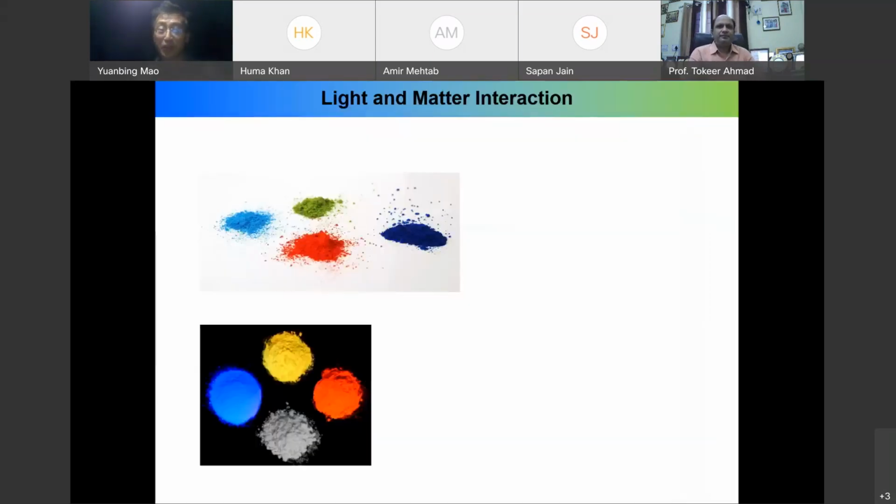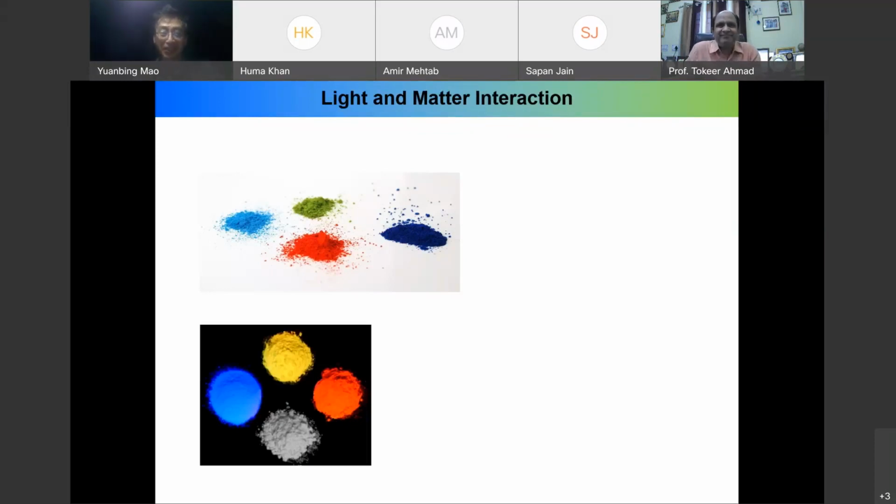First, when we talk about phosphors, it's basically light and matter interaction. Here I'm showing you two photos, and I want to ask what's the difference between these two photos. Give you a few seconds.